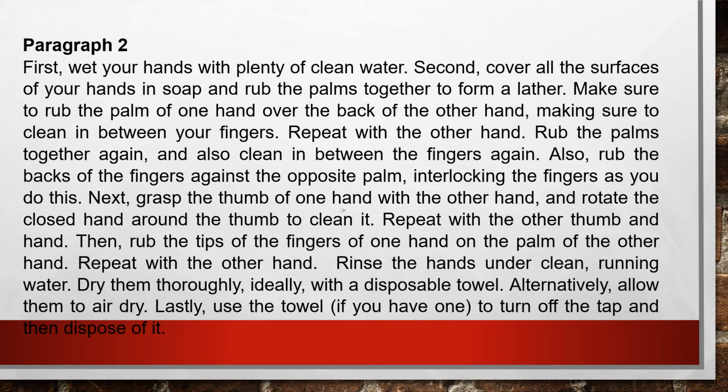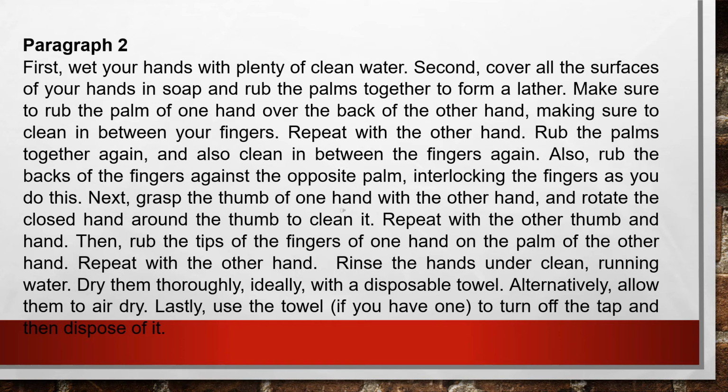Rub the palms together again, and also clean in between the fingers again. Also, rub the backs of the fingers against the opposite palm, interlocking the fingers as you do this. Next, grasp the thumb of one hand with the other hand and rotate the closed hand around the thumb to clean it. Repeat with the other thumb and hand.